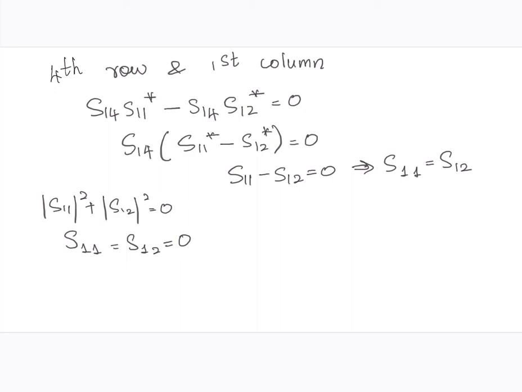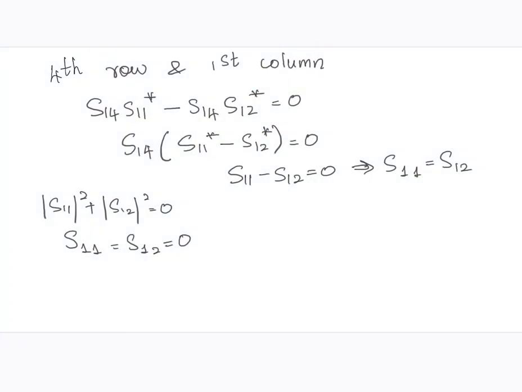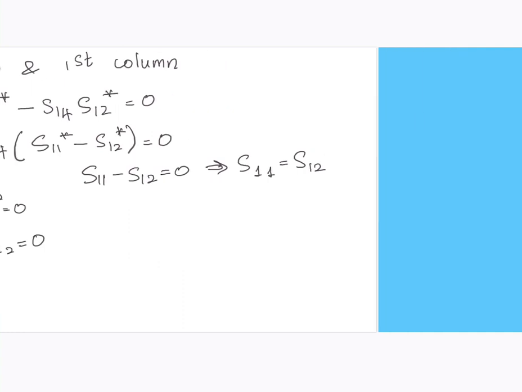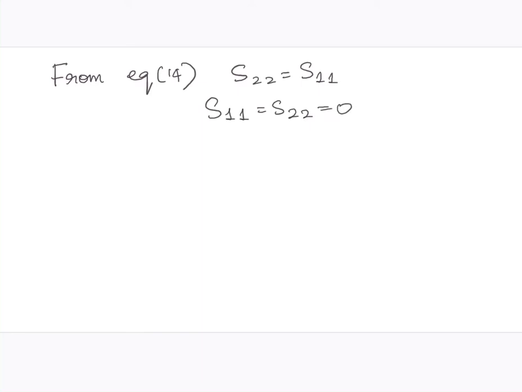So from equation 14, we can write S22 is equal to S11. So S22 also will be 0. So according to equation 14, S22 is equal to S11. Already we have found out that S11 is equal to 0. So S22 also will be 0.